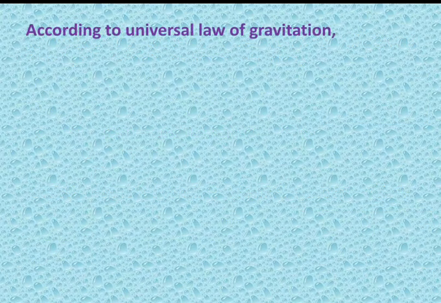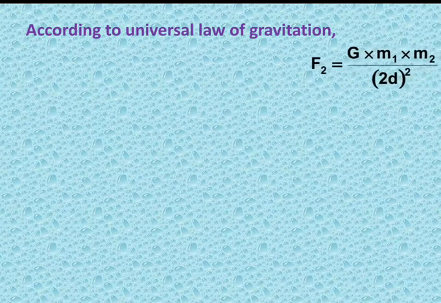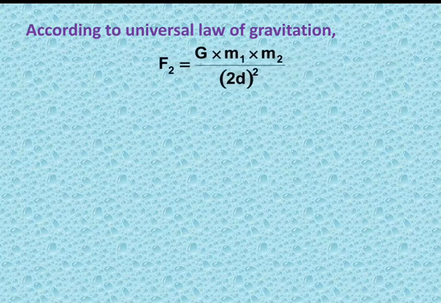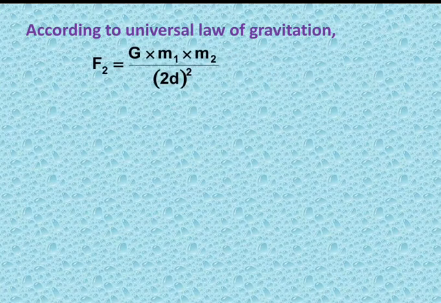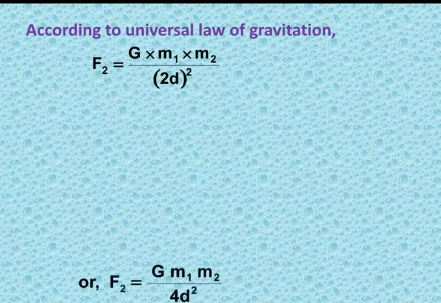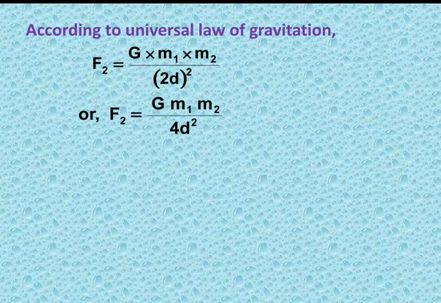According to the universal law of gravitation, F2 equals capital G into m1 into m2 upon 2d whole square, or F2 equals capital G m1 m2 upon 4d square.